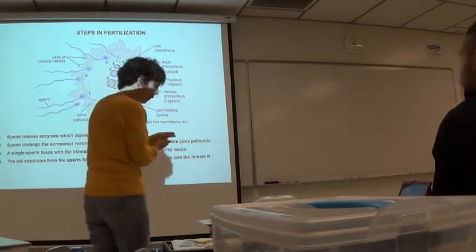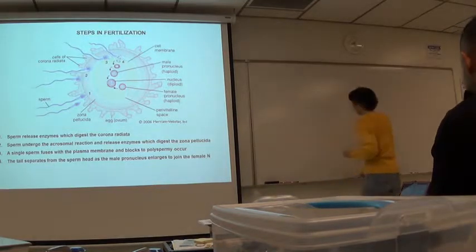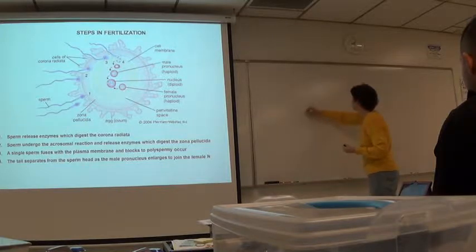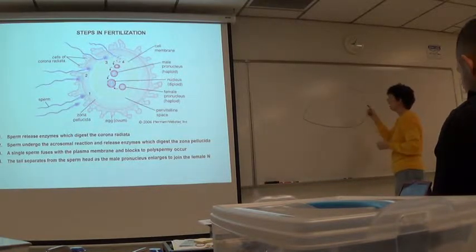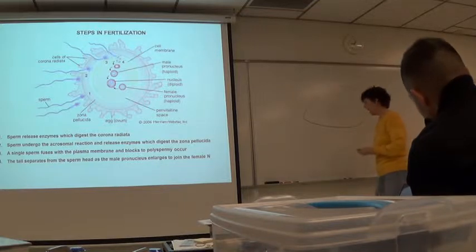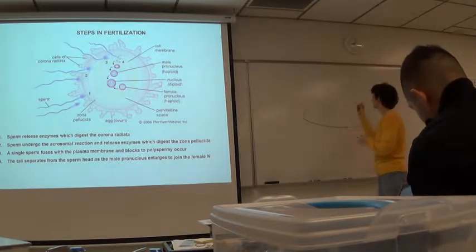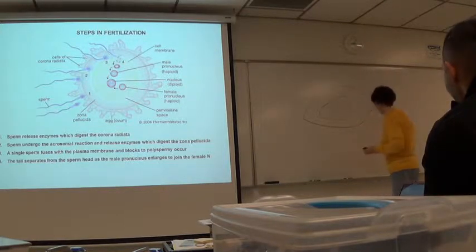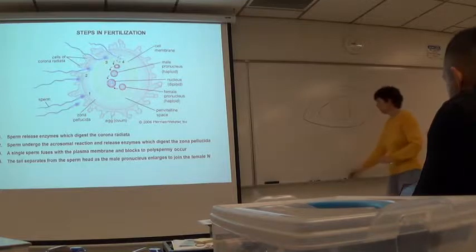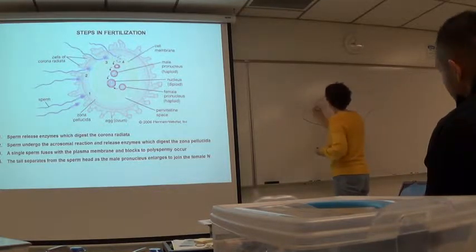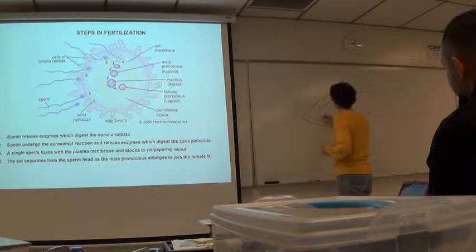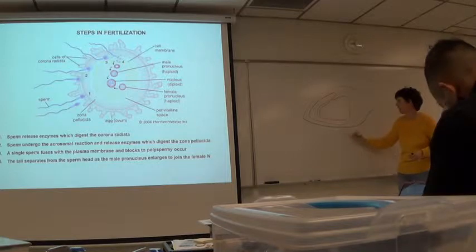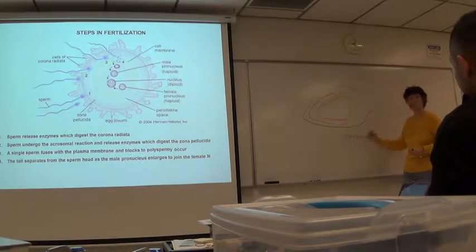If you recall, when we looked at the sperm structure, we had the head, plasma membrane, the nucleus, and then the acrosome or acrosomal sac, which lay over that and had the digestive enzymes required for getting through the zona pellucida.